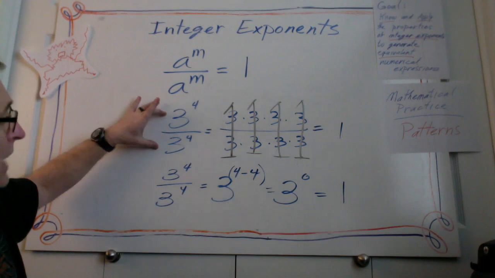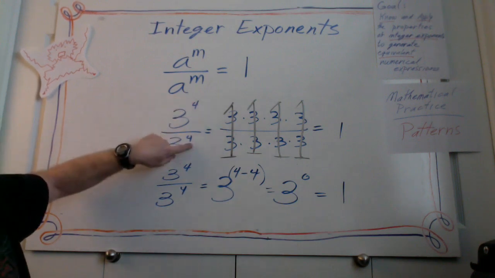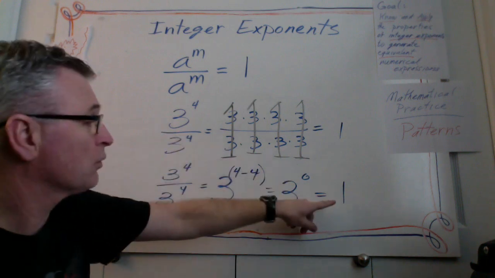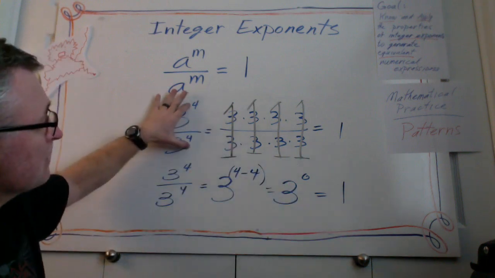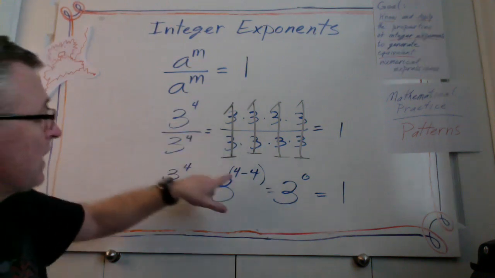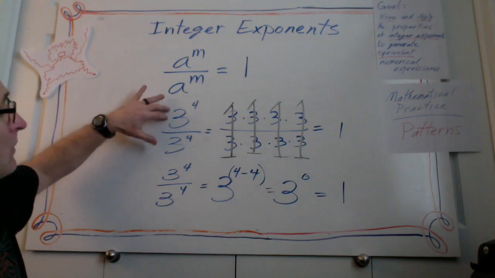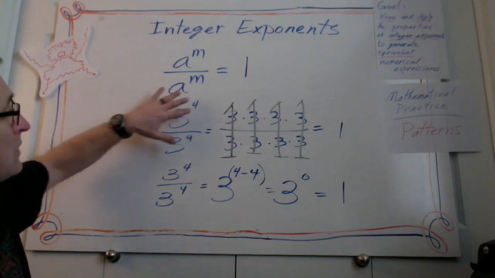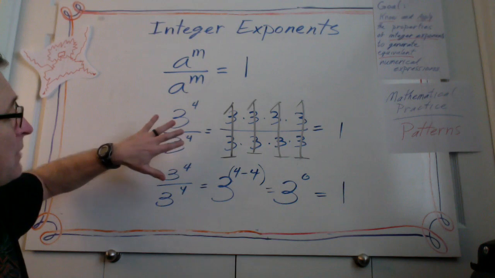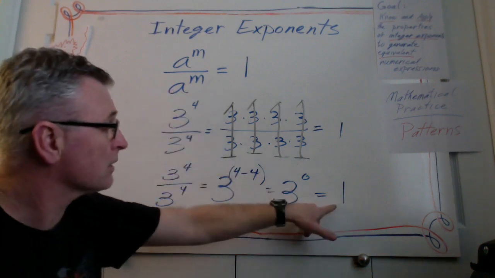It doesn't matter what the base is, if these exponents were the same, I would end up with 1. If I had 2 to the 5th over 2 to the 5th, 5 minus 5 is 0. So if I have a base with an exponent over another base with the same exponent, and the bases are the same and the exponents are the same, I'm going to end up with 1.